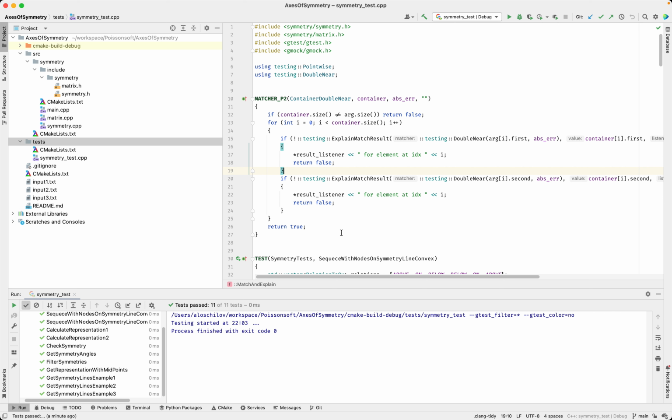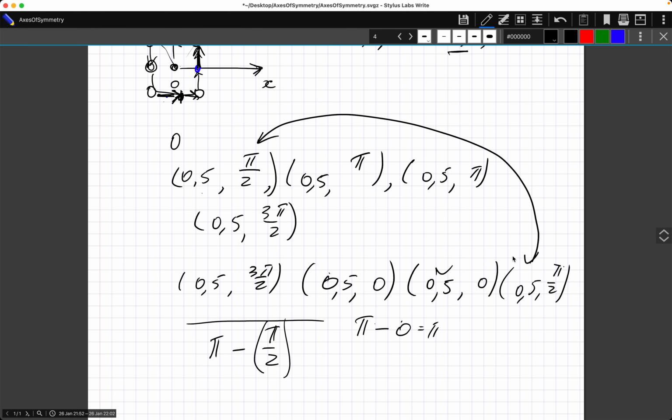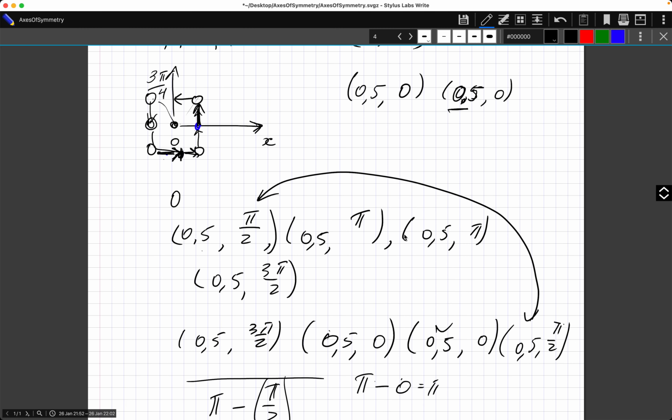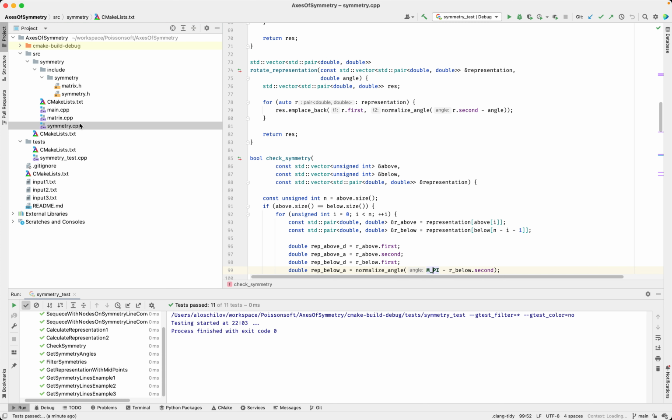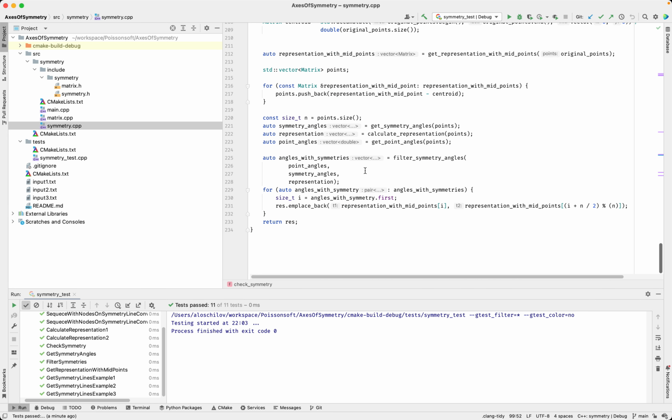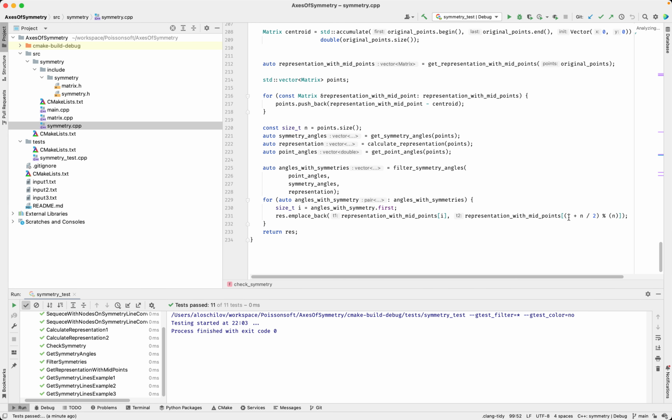So this way, after all these checks and this procedure, we are able to calculate the lines of symmetry. Then we need to perform indexing, reverse indexing in the original representation itself.